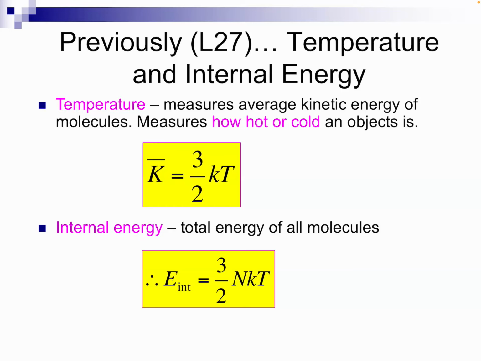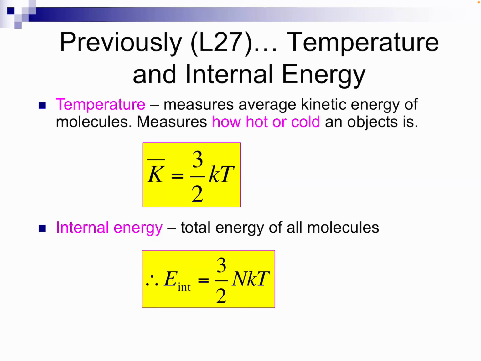And then we developed a model using ideal gas laws, whereby we've seen that the total energy of all the molecules depends on the temperature of the gas as well as the number of molecules in the gas, and that gives us the internal energy of the ideal gas.